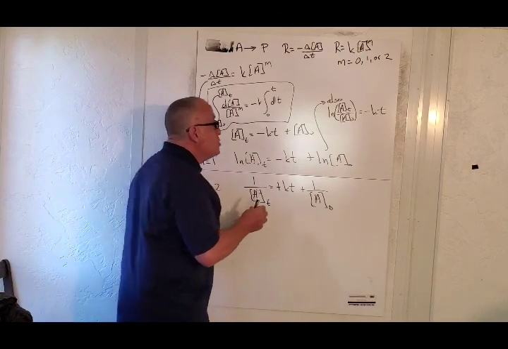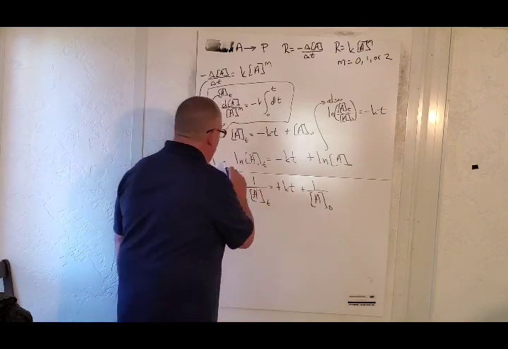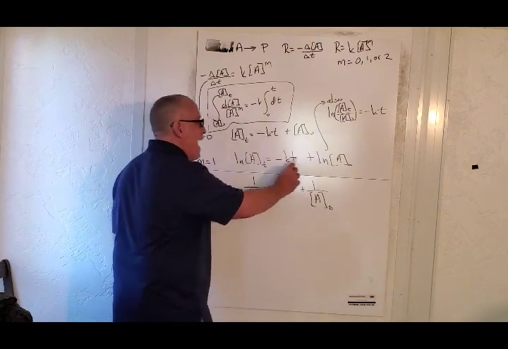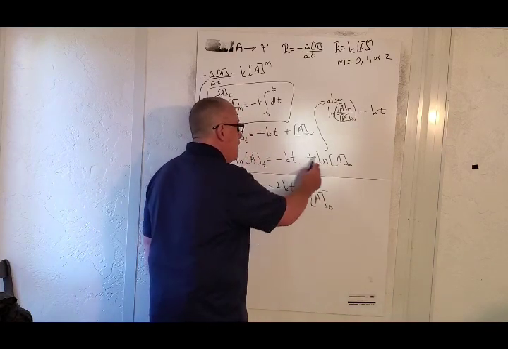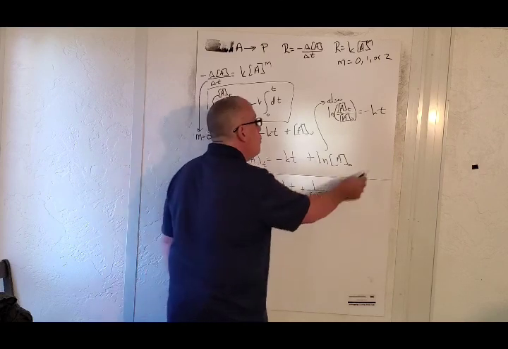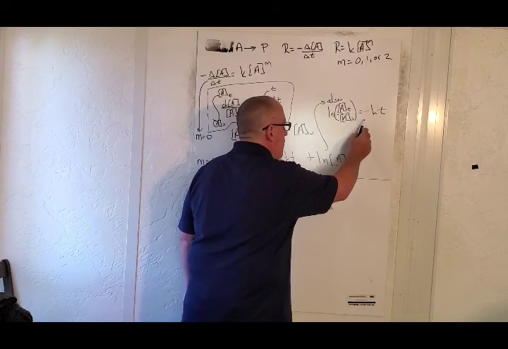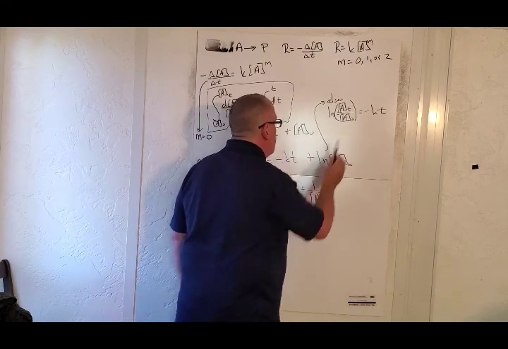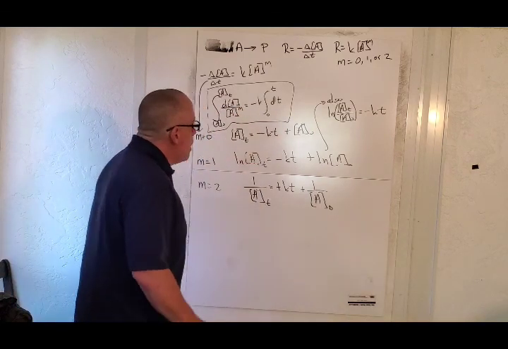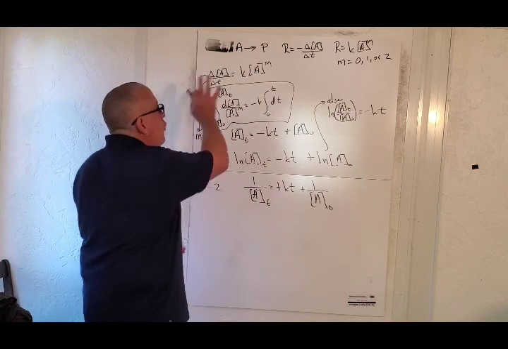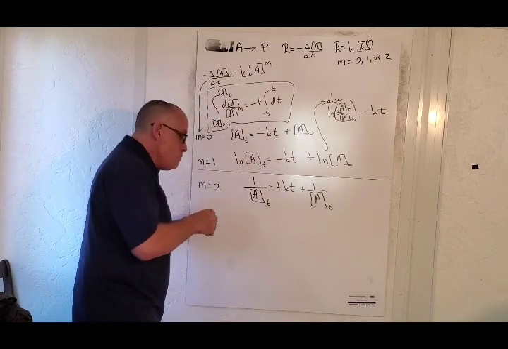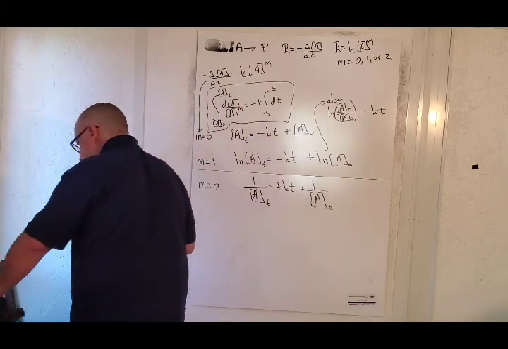One other thing I want you to know is that for a first order, M equals 1 reaction, very often instead of using it in this form, we'll use it in this form. I'll show you how to use both of these. Now remember these equations, because I'm going to erase up here, and I want to show you something.